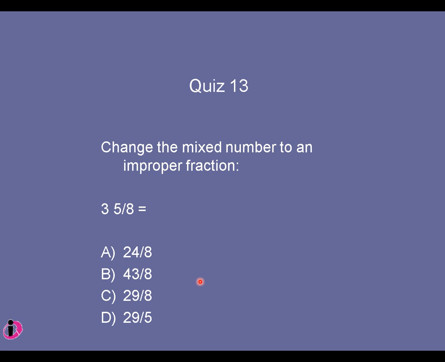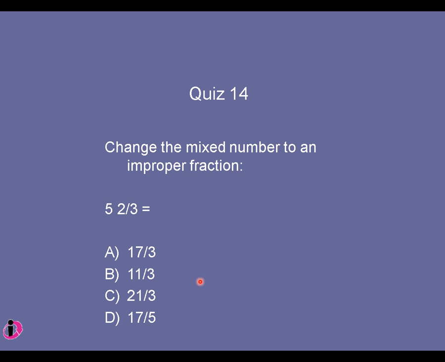So this is going to be our new numerator, but the denominator still remains the same, right? So 29 over 8, which is the right answer, C, right? And the right answer is 17 over 3, right? A.